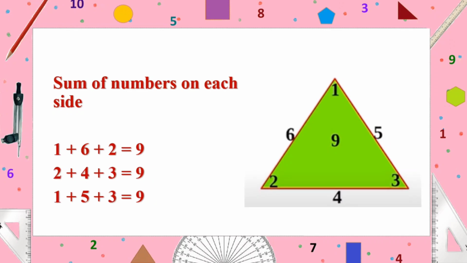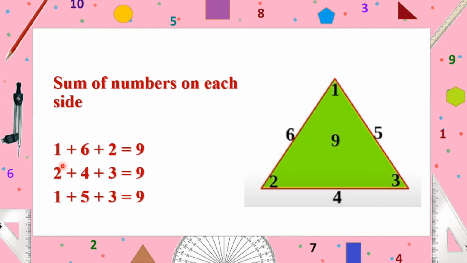Look at this. Shall we get the same sum on each side? Let us check. On the first side, the numbers are 1, 6 and 2. And on the second side, 2, 4 and 3. And third side, 1, 5 and 3.